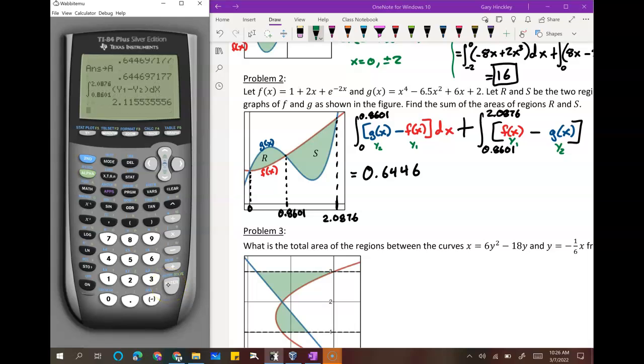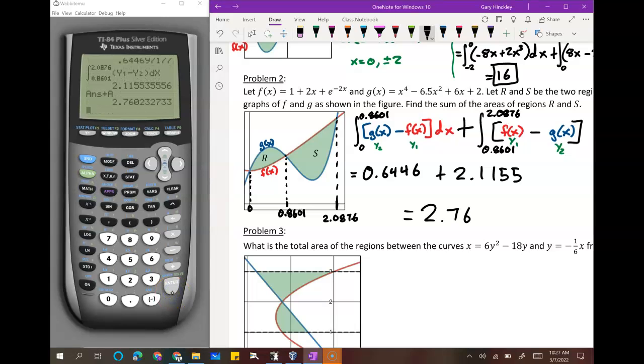All right, so that is 2.1155. And then I add those together, so I'm going to say plus what I had stored in A. So that should be the final answer, 2.760. That's what I'm getting anyways.